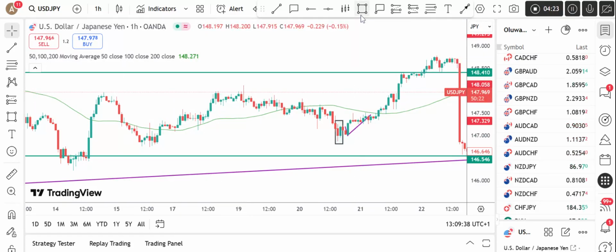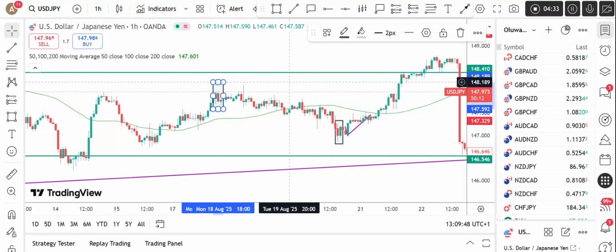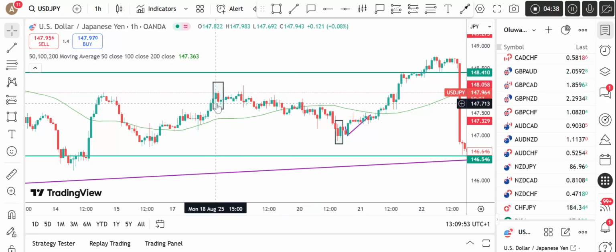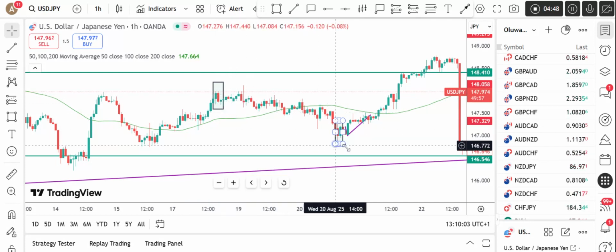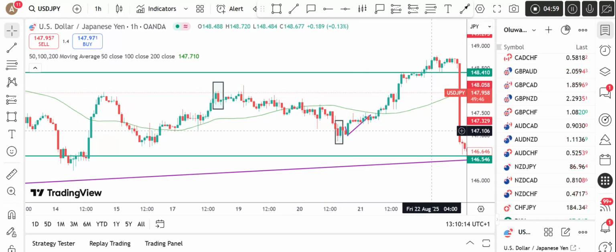This is another example of the bearish engulfing candlestick. It's a signal that the sellers want to take control of the market. You can see the market retrace to that particular level, then it comes towards the downward side. So that's a bearish engulfing candlestick.